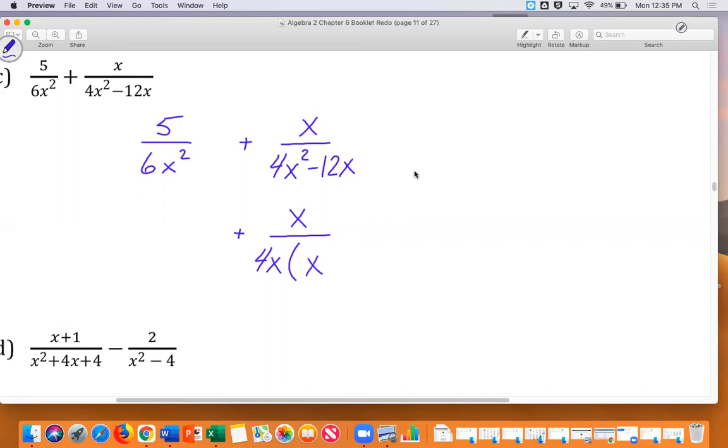Negative 12x divided by 4x is negative 3. Does everybody see that? Now, do we see how there's an x on top and an x on bottom? Well, can I cancel them? So I'm going to cancel these. That leaves me with 1 over 4 times x minus 3.